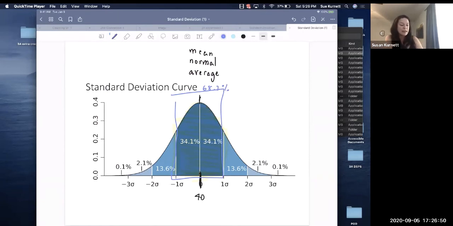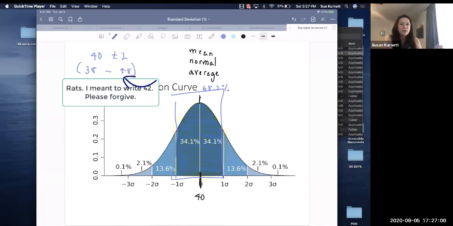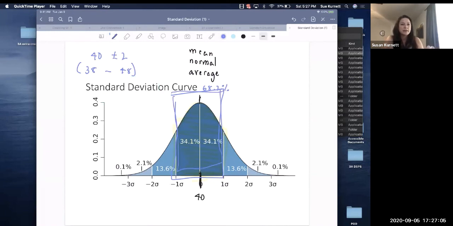So when I say 40 plus or minus 2, which means the range is 38 to 42, that is 40 plus or minus 1 standard deviation. 68% of things will fall in that range. Can you have something that is an average plus or minus 2 standard deviations?